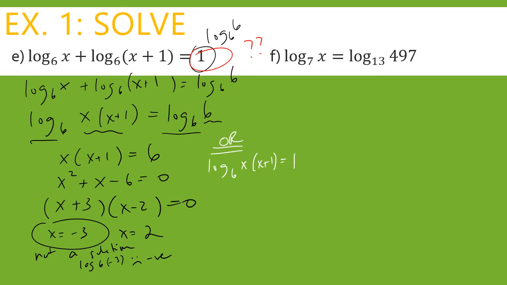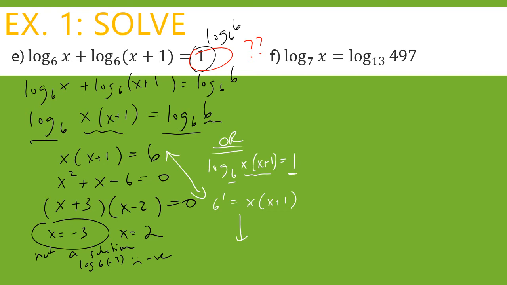You could convert that to an exponential. There's my base, there's my exponent, there's my answer. So I'd have 6 to the 1 equals x times x plus 1. That's just switching to exponential notation. And as you can see, it's the exact same as that. And you would just continue and get the exact same answer. Just something to keep in mind. Again, there's lots of different ways to do these questions.